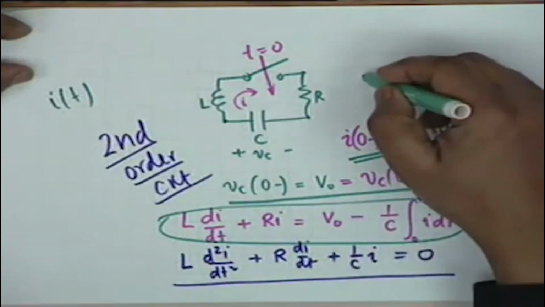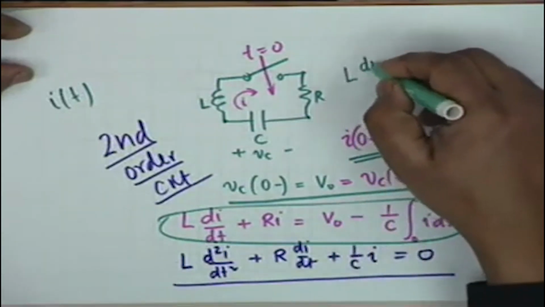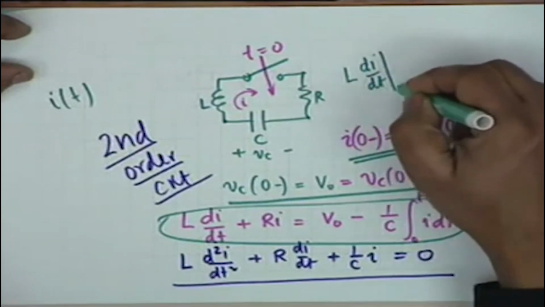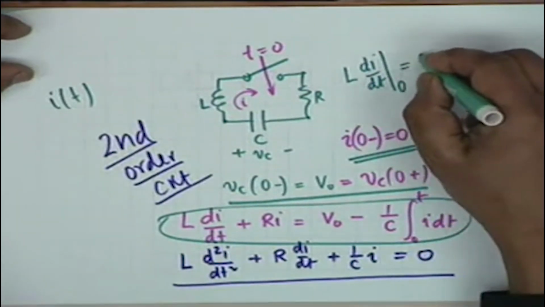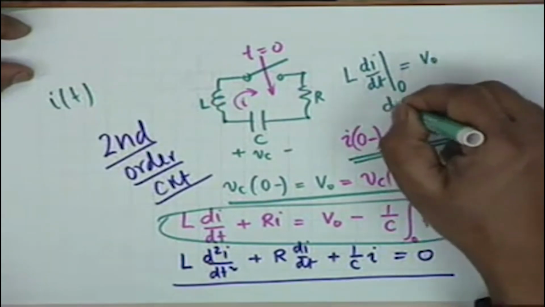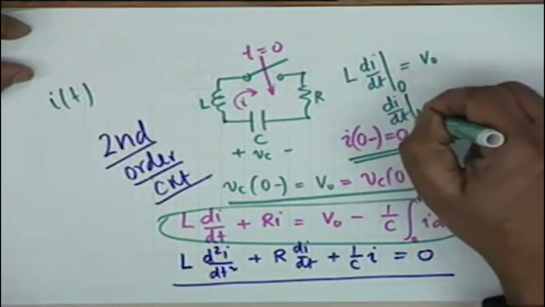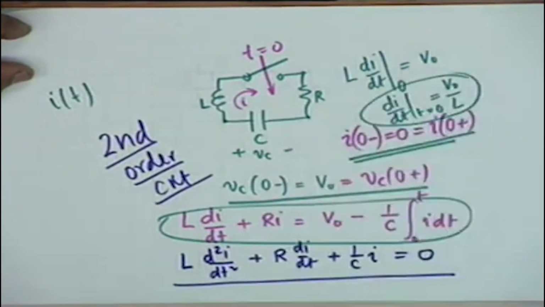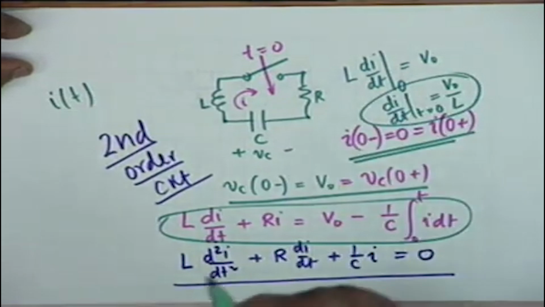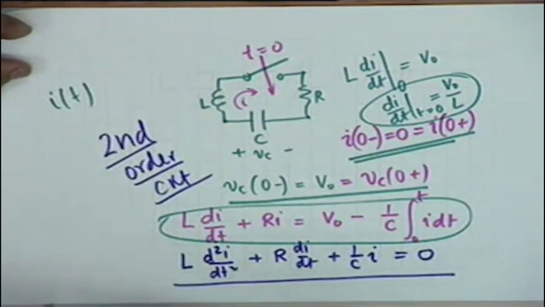And therefore, don't you see that my initial condition is L di/dt at t equal to 0 should be equal to V0, and therefore di/dt at t equal to 0 should be equal to V0 by L. This is the other initial condition. So there are two initial conditions. It is a second order circuit.